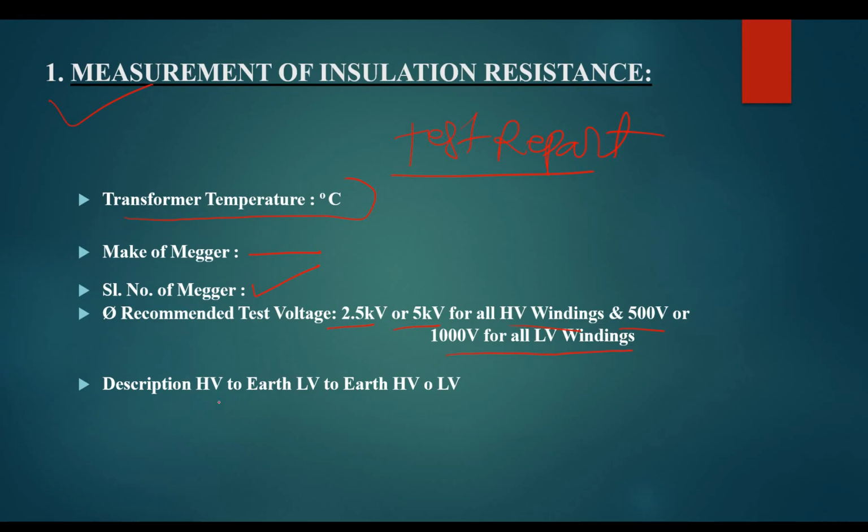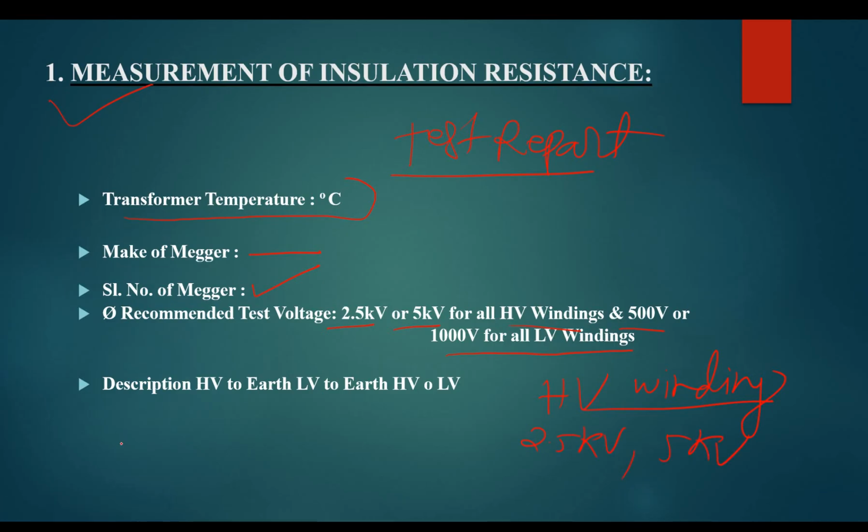If you want to measure the HV winding, you can use 2.5 kV and 5 kV.